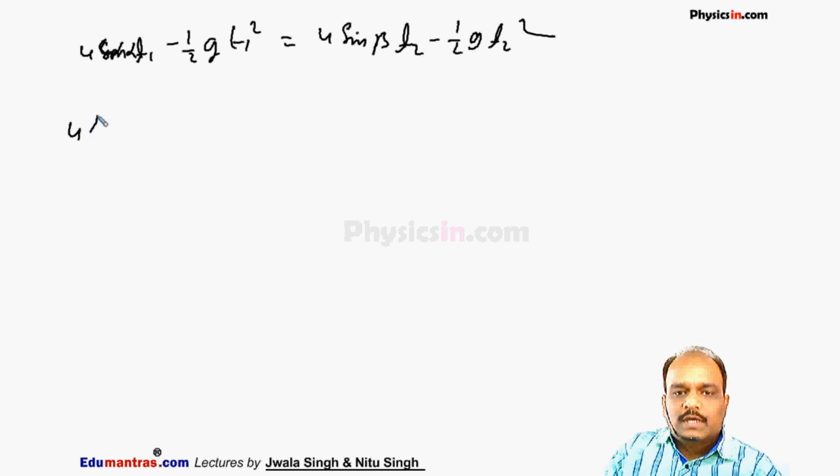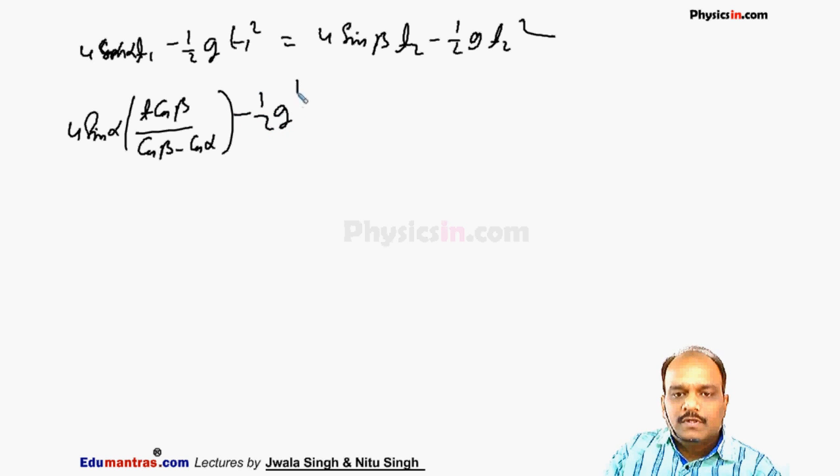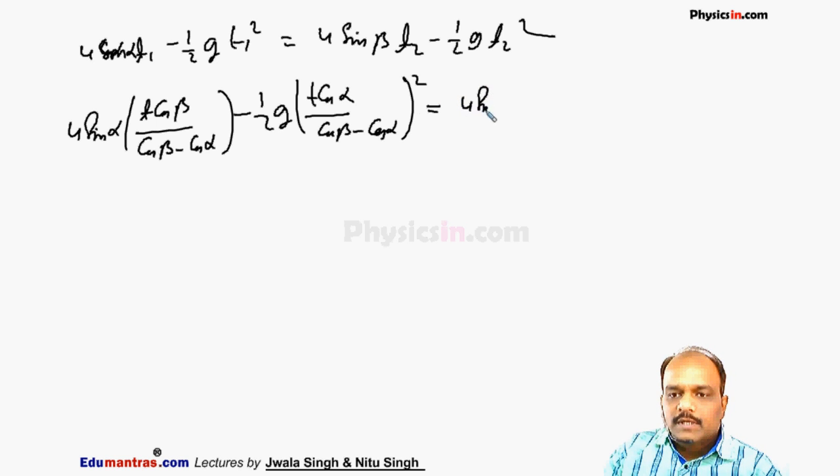So it becomes u sin alpha into t1, where t1 is t cos beta divided by cos beta minus cos alpha, minus half g into t1 square, meaning (t cos beta divided by cos beta minus cos alpha) whole square, is equal to u sin beta into t2.